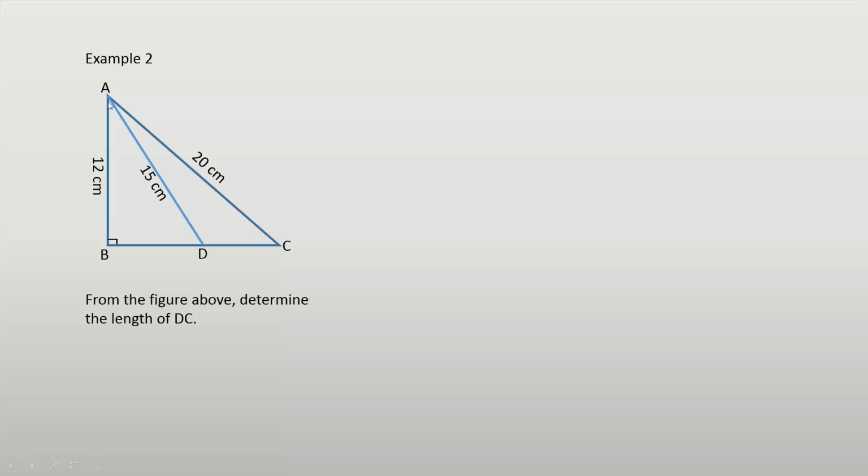So please consider triangle ABC. It is a right triangle and B is the right angle. So AC is the hypotenuse while BC is the leg. So we can calculate the BC using the Pythagorean theorem.